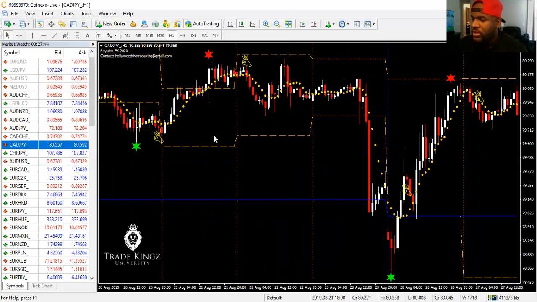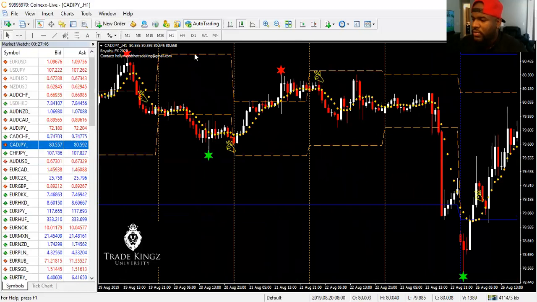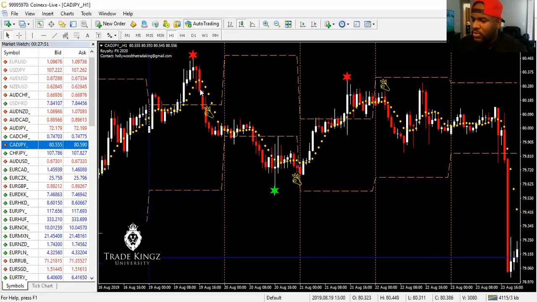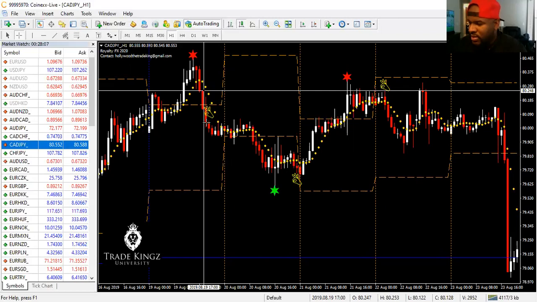Trying to show you an example, like right here. Okay, you do not trade the star. You wait till it closes, and then you take the trade here. Or to be on the safe side, wait till you get this hand gesture, which is your entry signal, and then take the trade. So if you would have taken it here, you would have got in, actually, about 25 pips early.